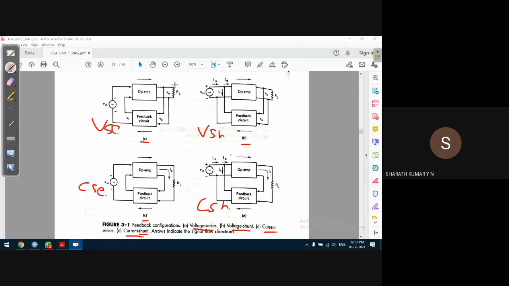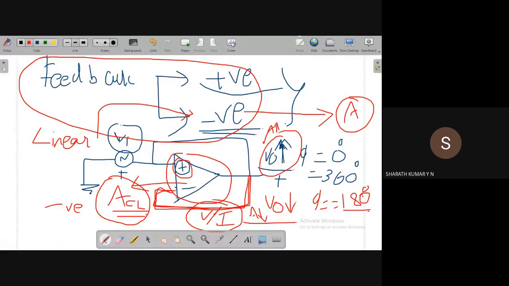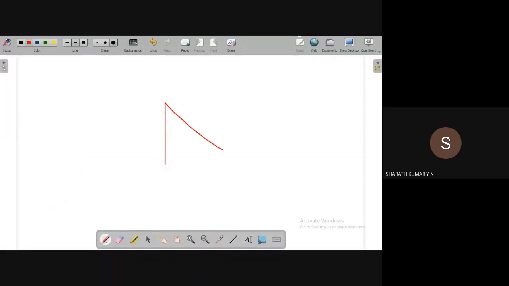We obtain output voltage across a load, because output should be connected to a load. Let me rewrite again. There is an operational amplifier. These are the input terminals, inverting and non-inverting. Output, how do we measure?